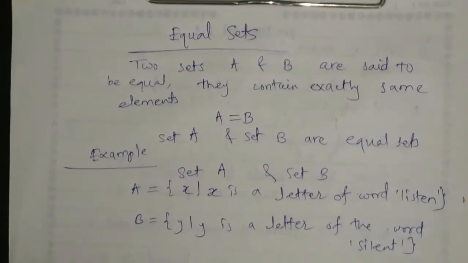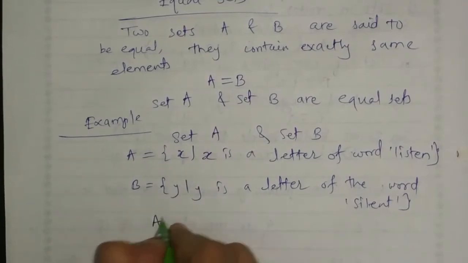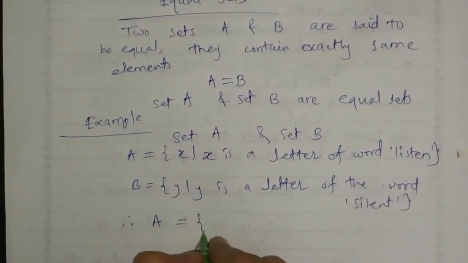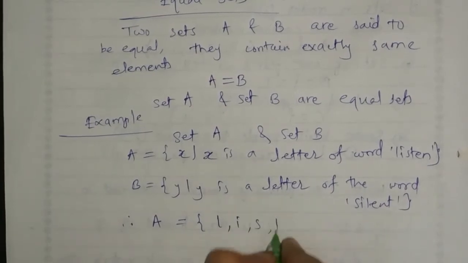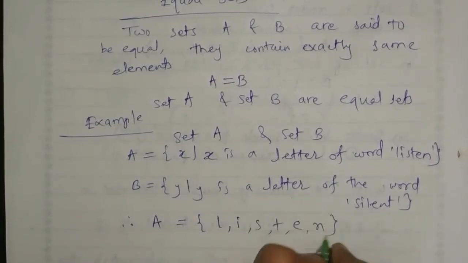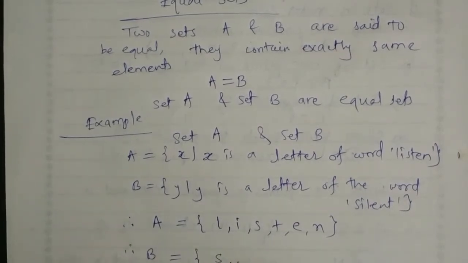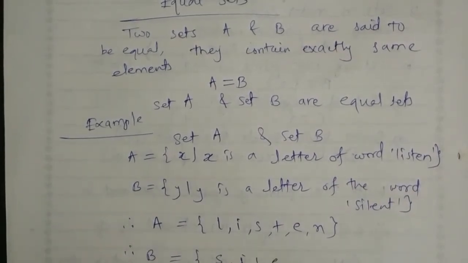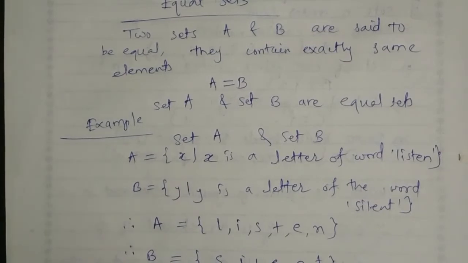So if you notice here, dear students, these two sets both have the same elements. The letters in the word listen are LISTEN, and in B also the letters are SILENT. If you notice, they have the same number of elements and they are exactly the same elements.